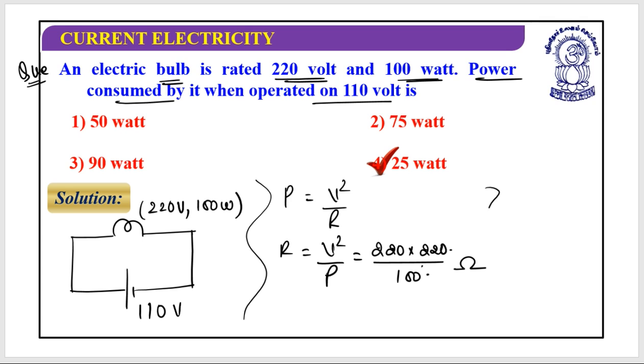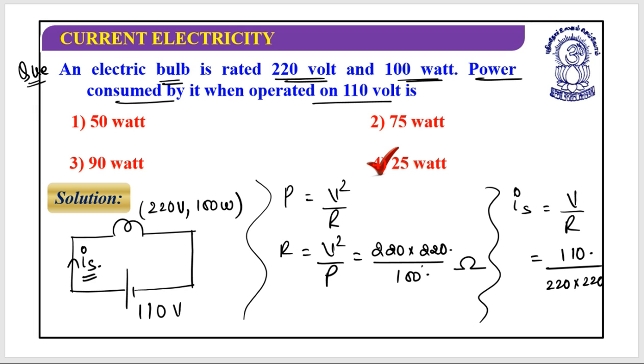Now let's calculate the current through the circuit. This I could be written as V by R, and this V would be 110 divided by its resistance, 220 into 220 divided by 100. Simplifying, 110 is 2 times 55, so this is 50 by 220 ampere. That is the amount of current that has been passed.